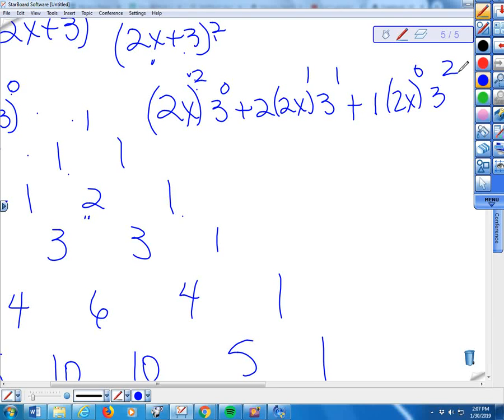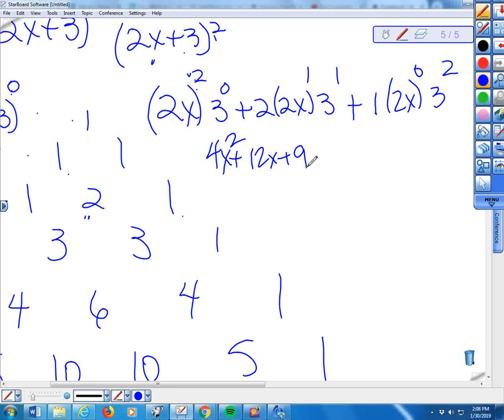I'm decreasing the exponent of my first term, increasing the exponent of my second, and putting the number from Pascal's triangle as my coefficient. When I simplify, this is 4x squared plus 12x plus 9. We know this is true with this one: square the first term, square the second, and then the product, 2 times 2 times 3, which is 12. I'm not explaining this very well.